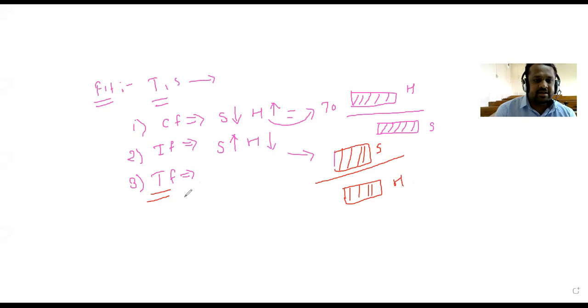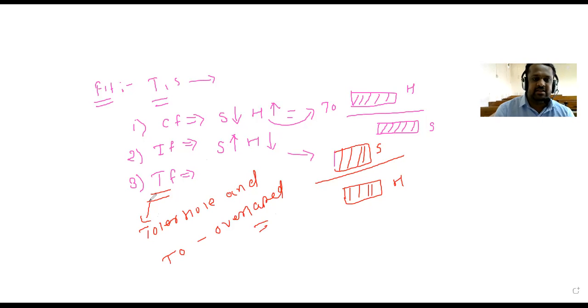In a transition fit, the tolerance zone of the hole and the tolerance zone of the shaft are both overlapped.